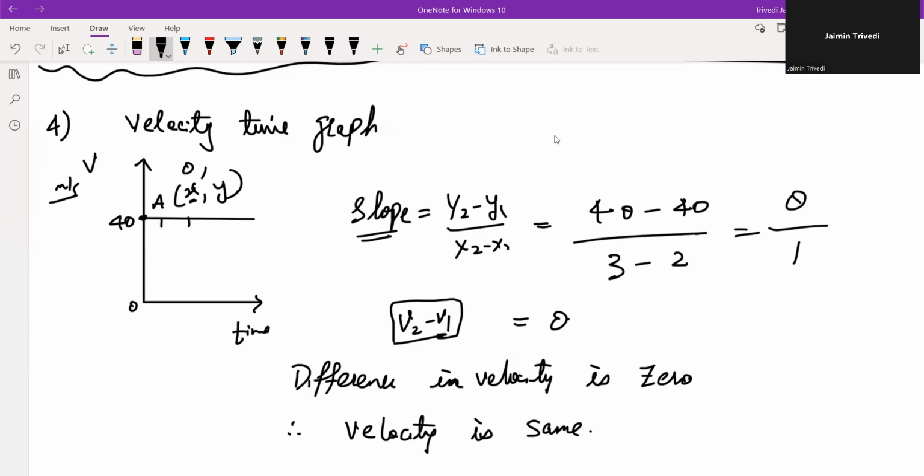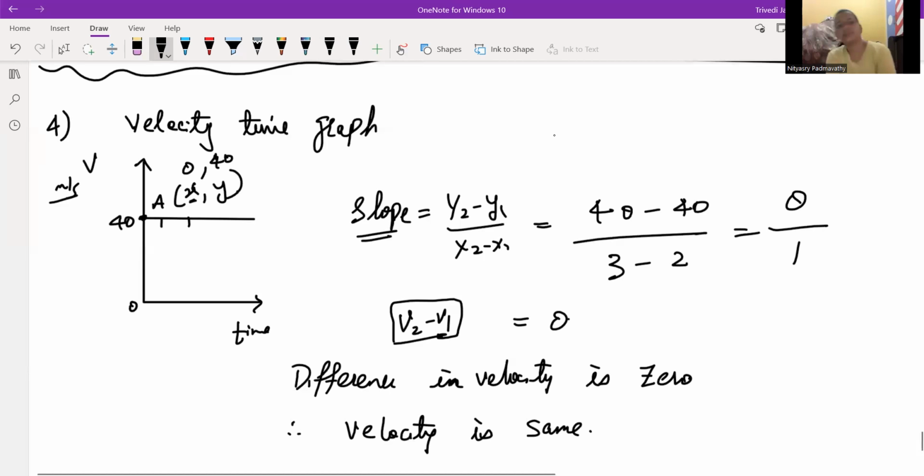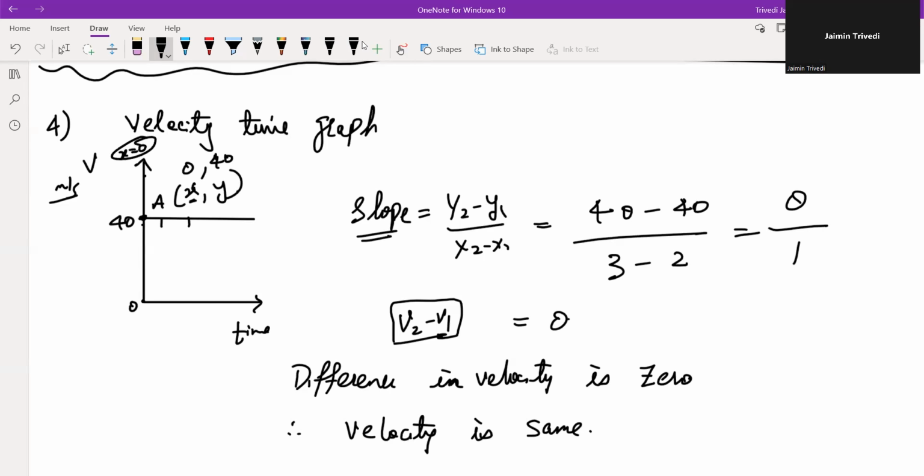How to write this? 0 comma 40. This line is the 0 line, the y-axis. At the y-axis, x is 0. At the x-axis, y is 0.